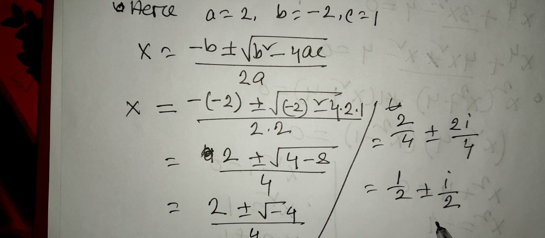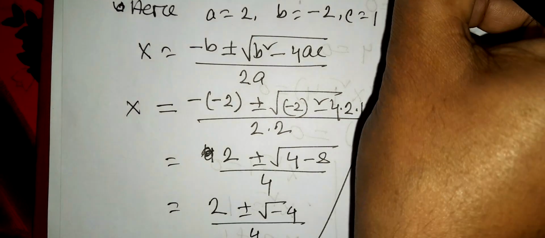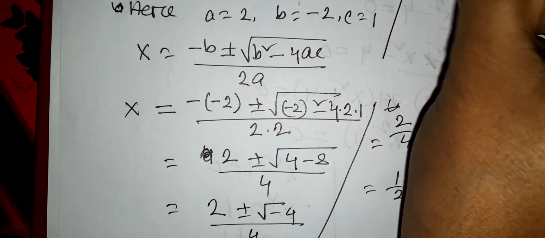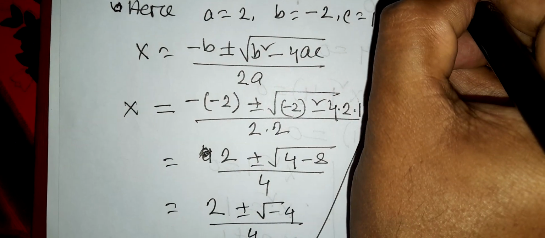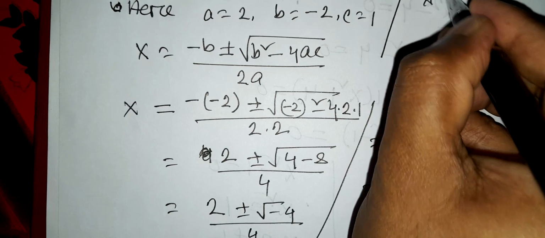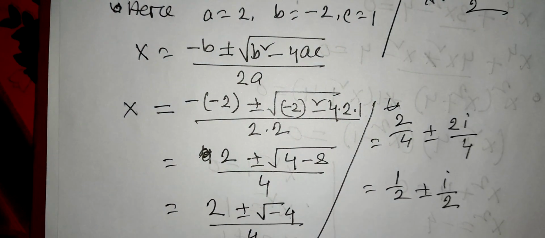So this is the solution of the equation, and we can write again 2x minus 1 equal to 0, but 2x equal to 1, x equal to half.